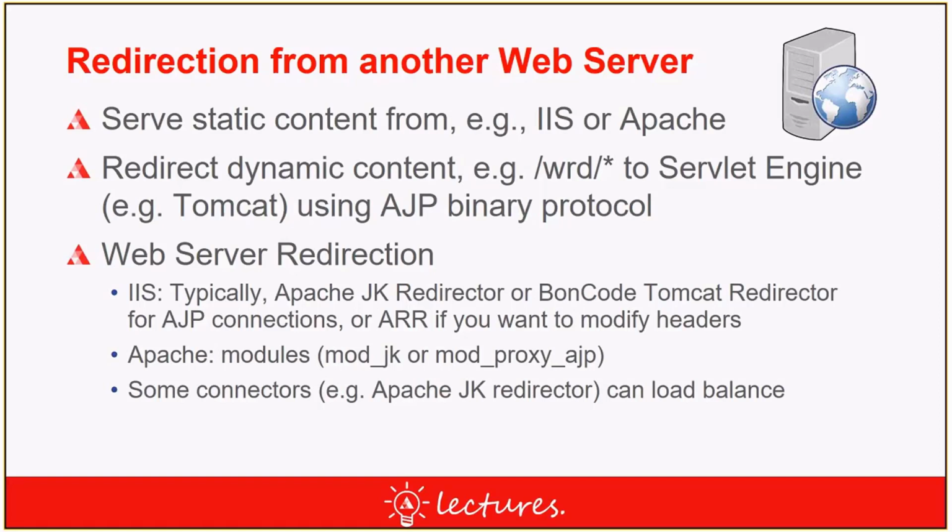And some things like the Tomcat redirector, which we can automatically install for you as part of the Uniface deployment, there is functionality in there that actually can do software-based load balancing without you using an external hardware load balancer. So there are plenty of choices there.